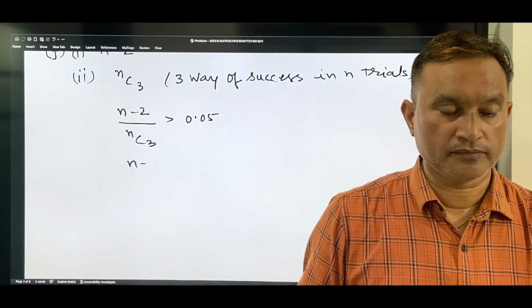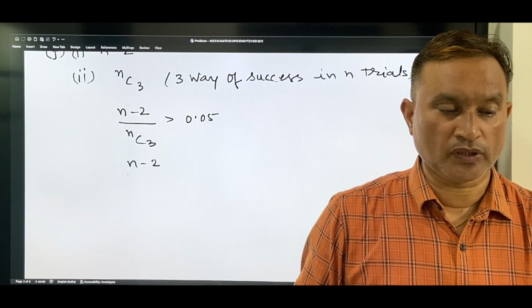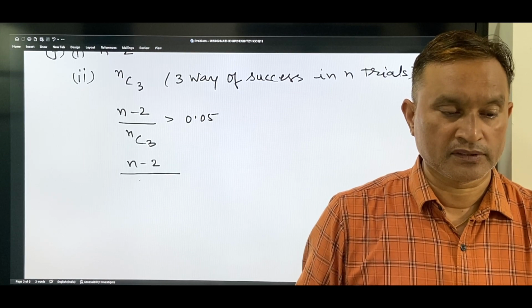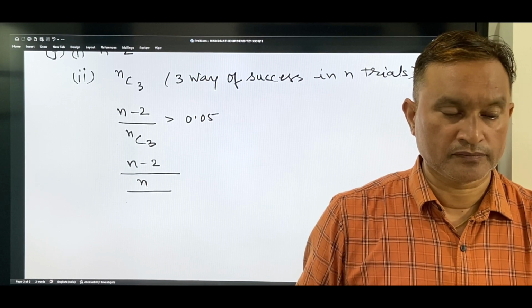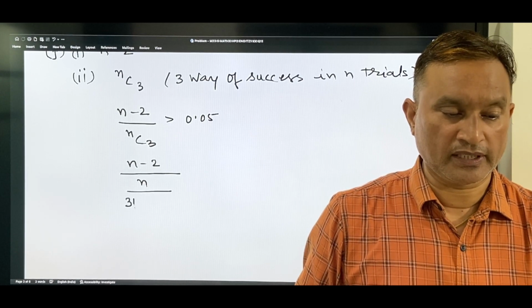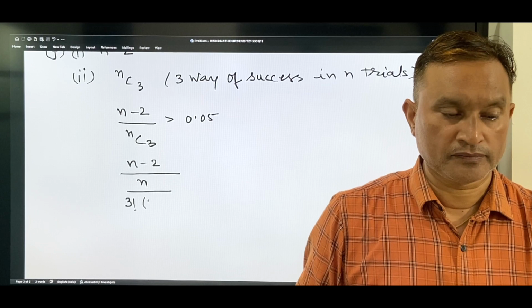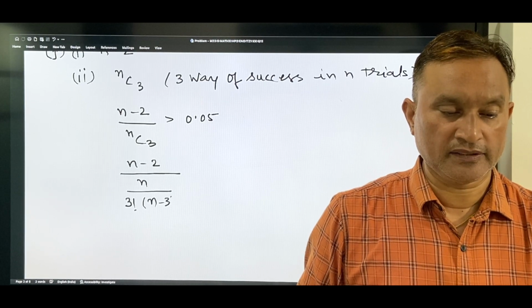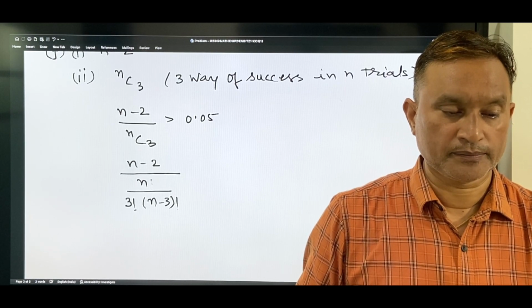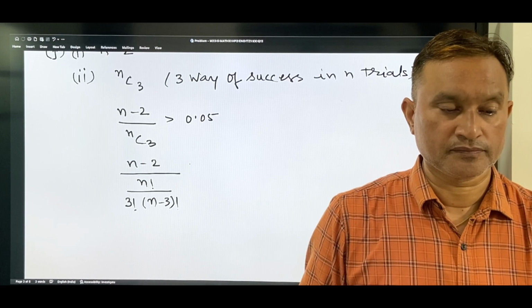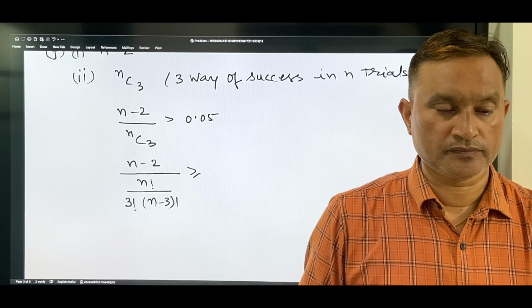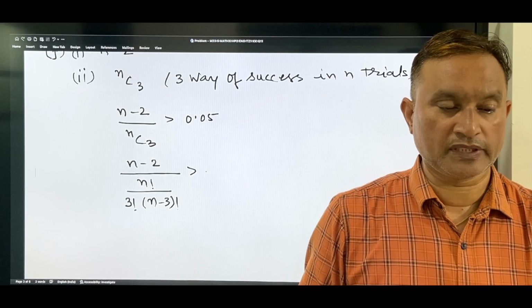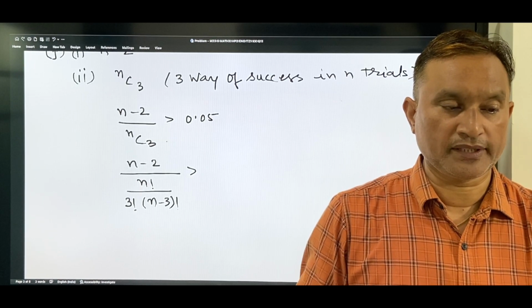So n minus 2 upon factorial n upon factorial 3 into factorial n minus 3 is greater than 0.05.